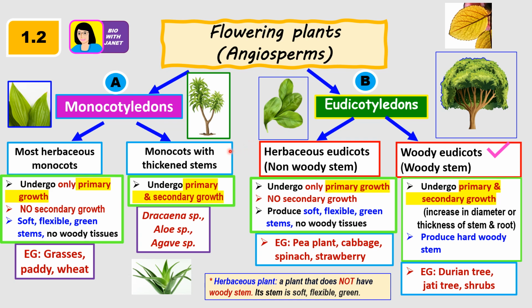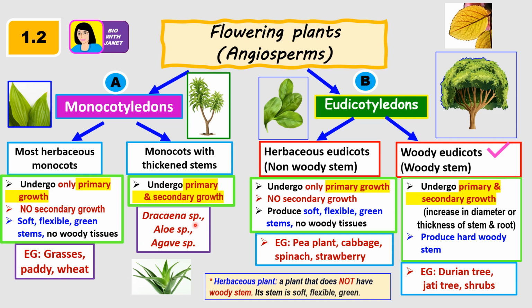Now, next there are some monocots which have thickened stems. A small number of them have thickened stems, and actually they have undergone both primary and secondary growth, okay, although their secondary growth may be a bit different from that of the woody eudicots. Now we have to know the names of these three plants, which are monocots that undergo secondary growth.